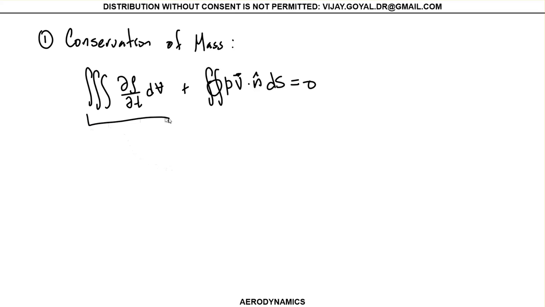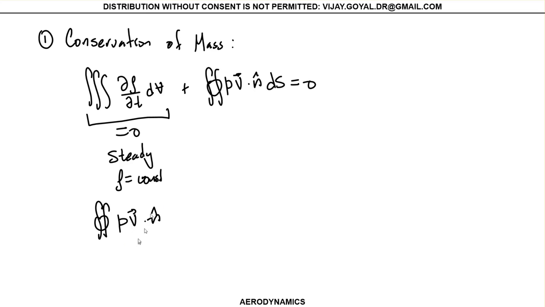This is equal to 0 because the flow is steady and rho is also constant, because the density is not changing.